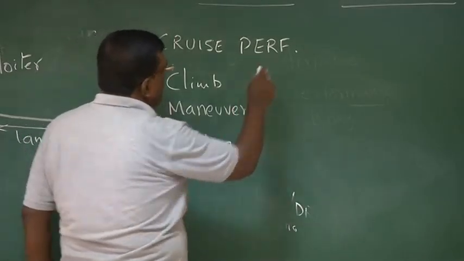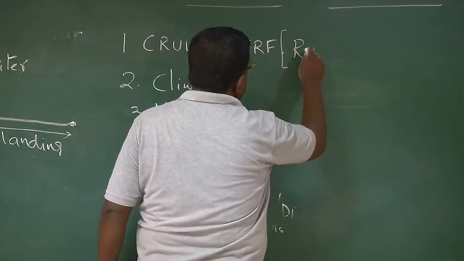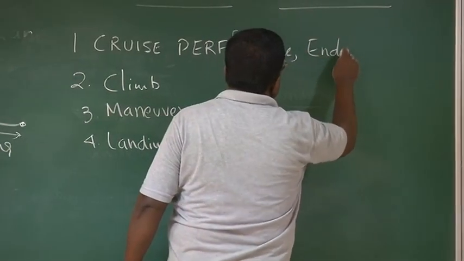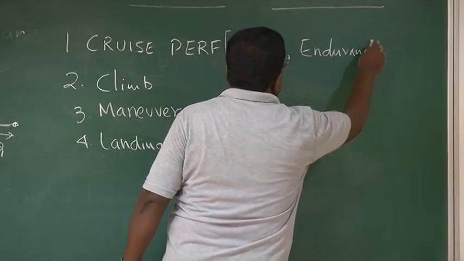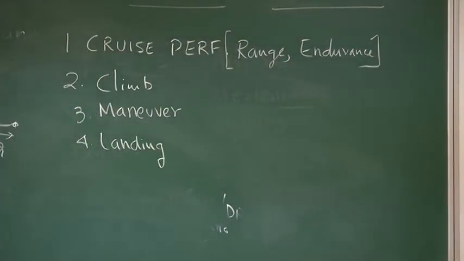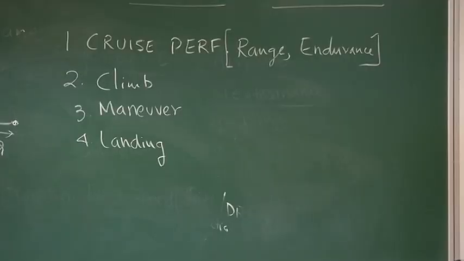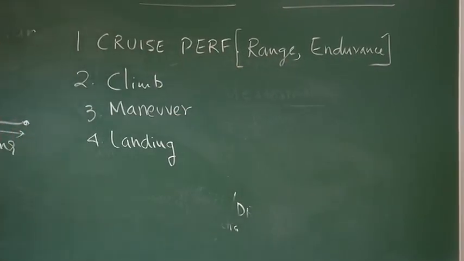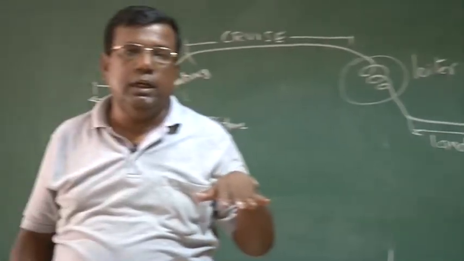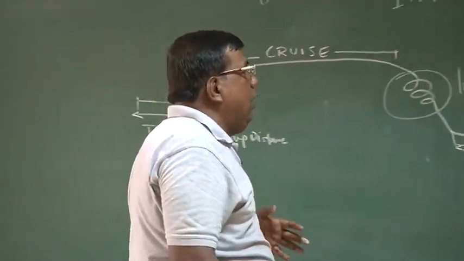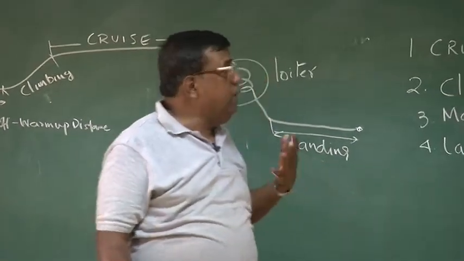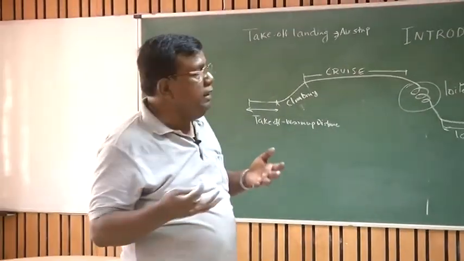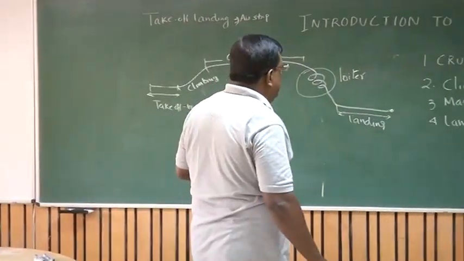In cruise performance, we'll also be talking about range, then endurance. Loosely, what do you mean by this? See, range is, given a tank of fuel, how far I can fly in air. Endurance is for how long, in terms of time, for a given tank of fuel, I can be airborne.